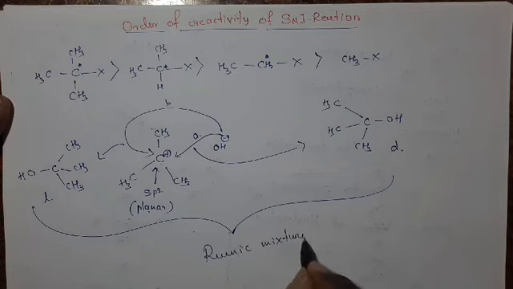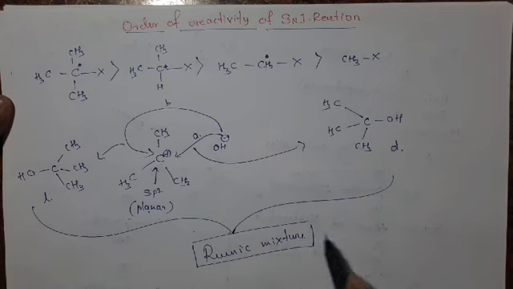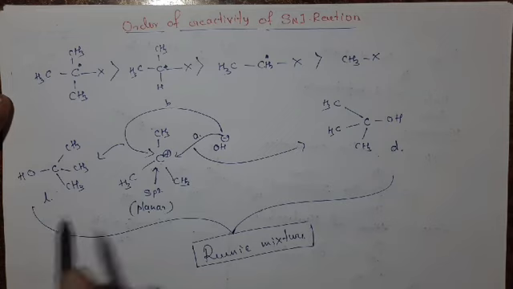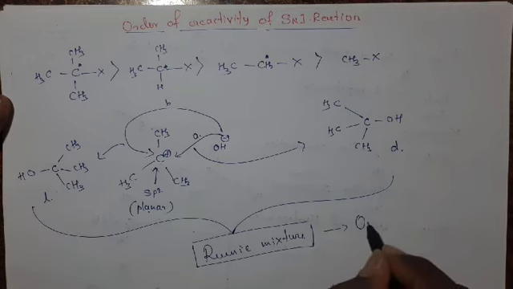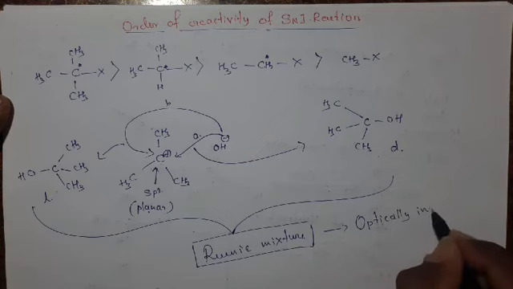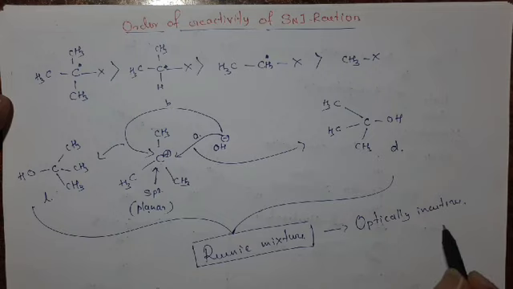A racemic mixture is an equimolar mixture of D and L configurations, and it is optically inactive. It does not rotate the plane polarized light, hence it is called optically inactive.